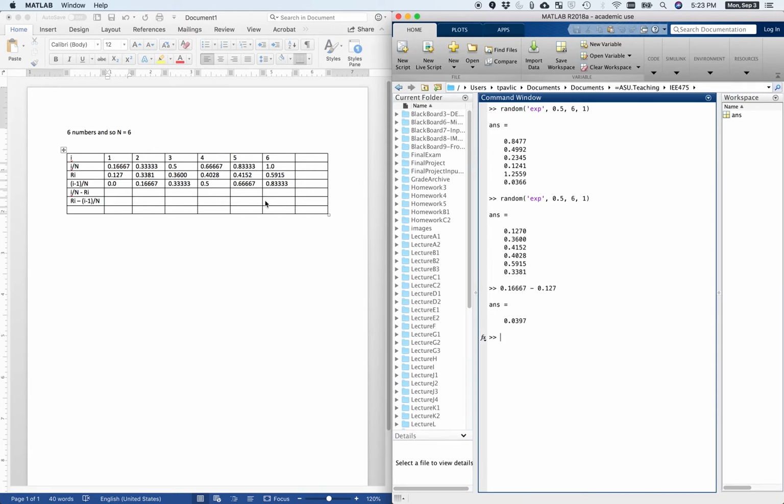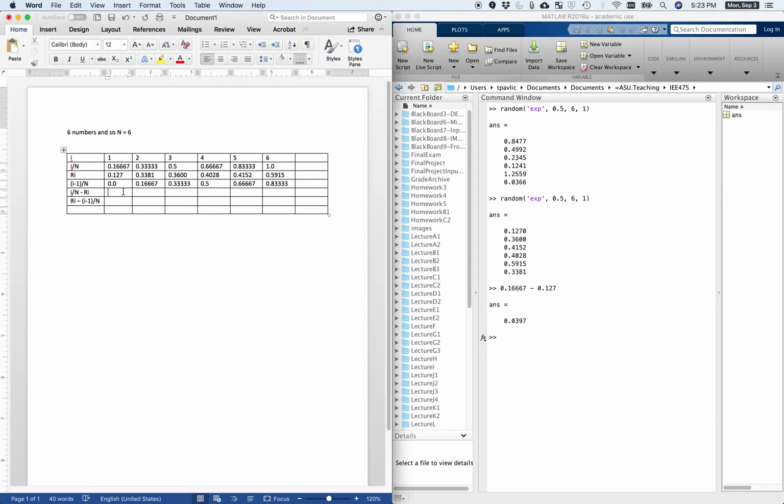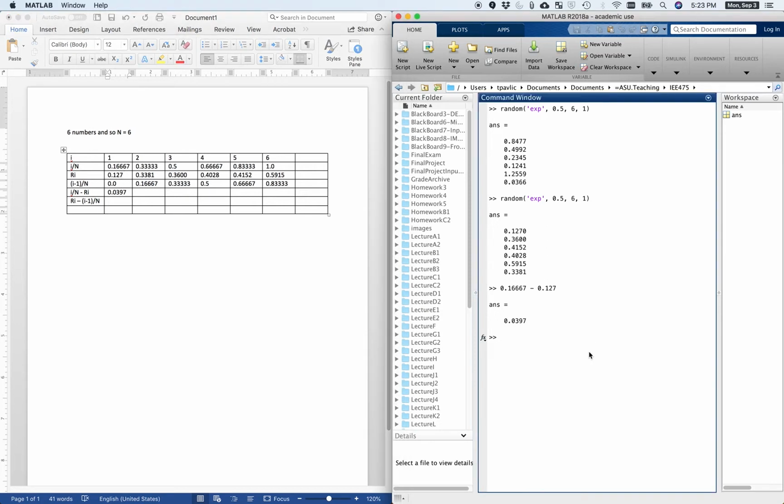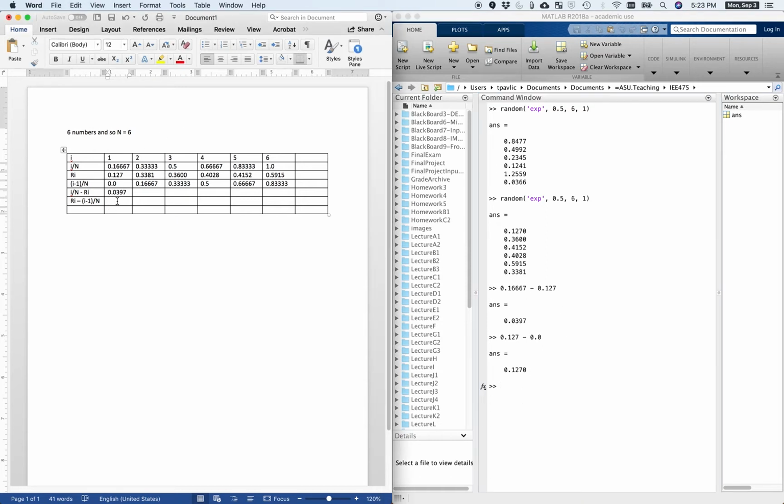And I can see that 0.16667 minus 0.127 is 0.0397, so I'm going to put that in there. And then this Ri minus that, well, that's just 0.127 minus 0, so it's obviously going to be 0.127, but I'm just going to put it here so we all can see the calculations.